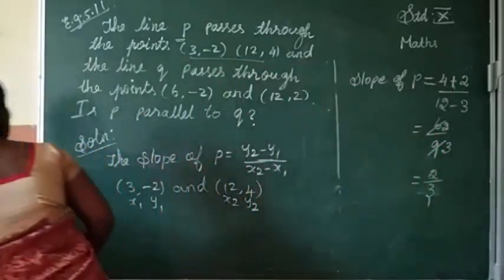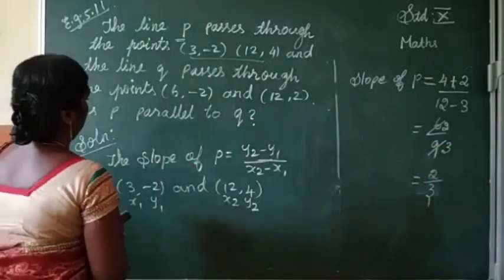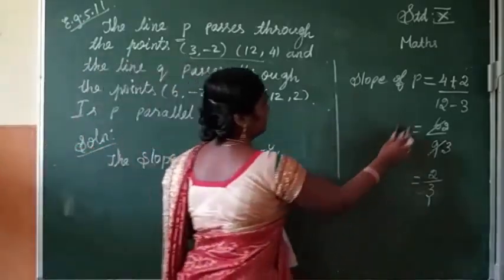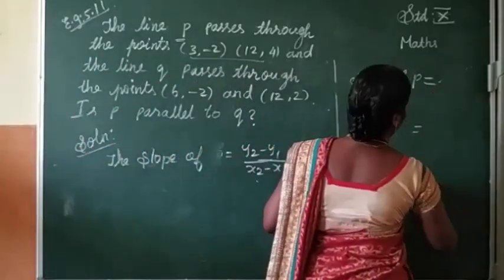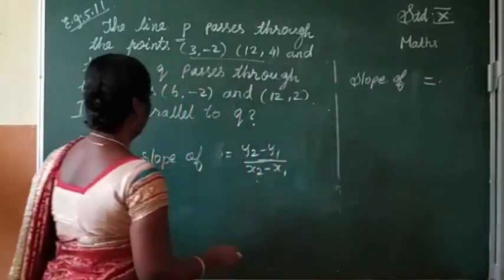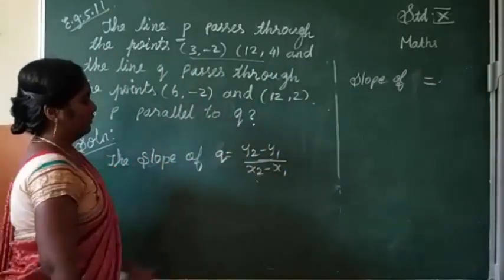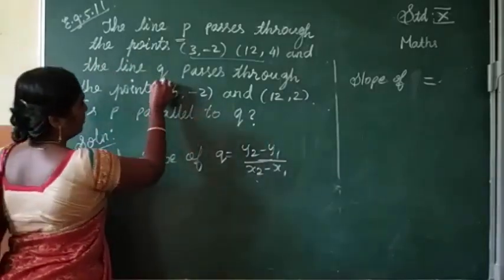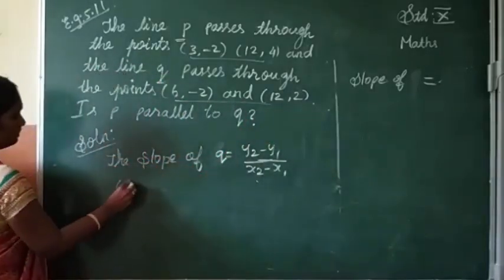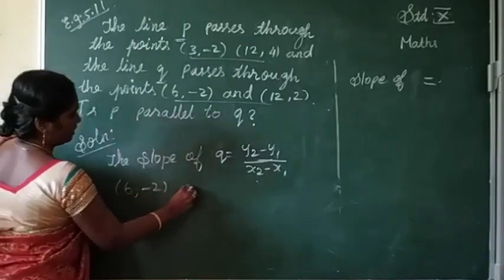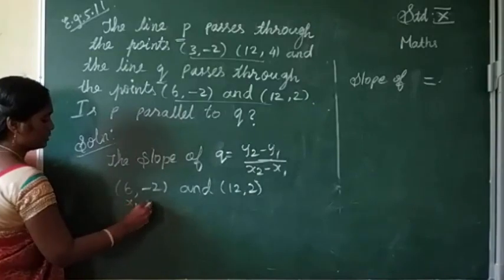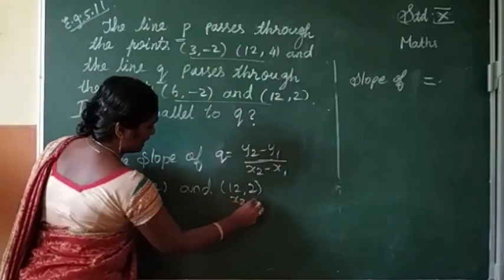Then find the slope of Q. See the slope of Q. Formula is y2 minus y1 divided by x2 minus x1. This Q passes through these 2 points, so mention the points (6, minus 2) and (12, 2). Take this as x1, y1 and this as x2, y2.